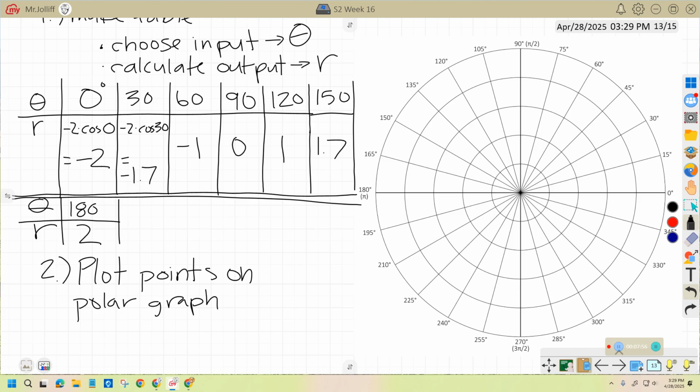So when we plot polar points, we start with the angle, we figure out which angle we're on, and then we move out from the origin to where my r would be. So for that first point, we're at 0 degrees, so I'm on the x-axis, and it says negative 2. So negative 2 would be right there. That is the worst point I've ever drawn.